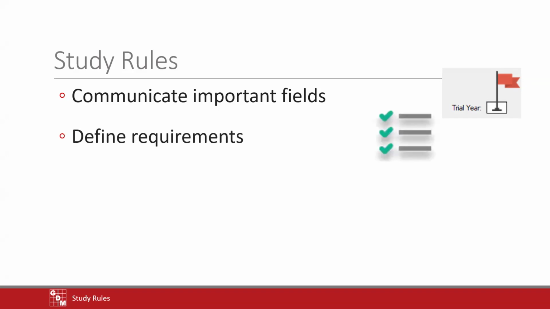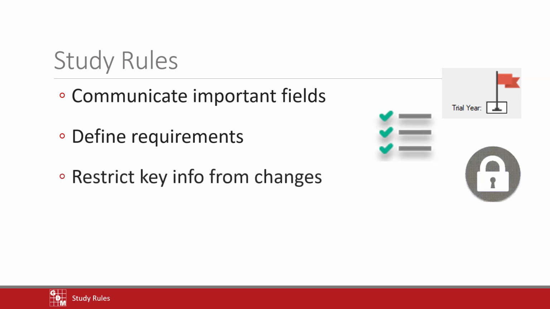That's the number one goal, and that's a way for a protocol writer to define requirements of the study. If we put these into the protocol, that'll ensure those requirements are passed onto each and every trialist that is performing the trial. There are some other functions that we'll dive into today as well.